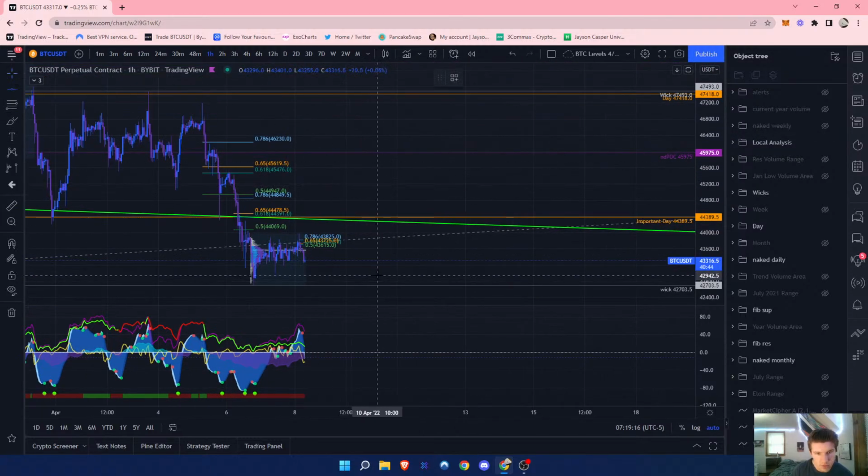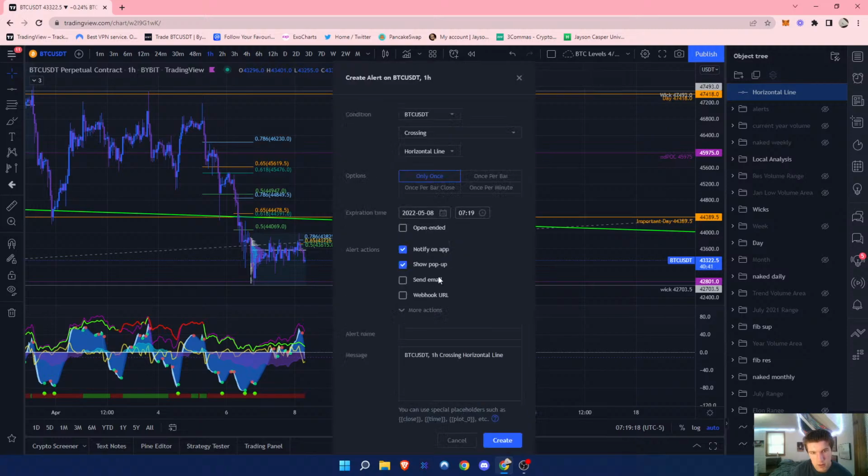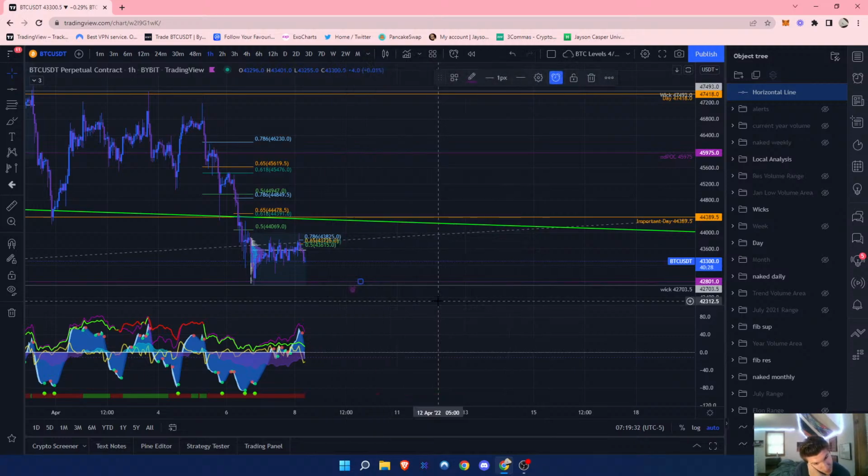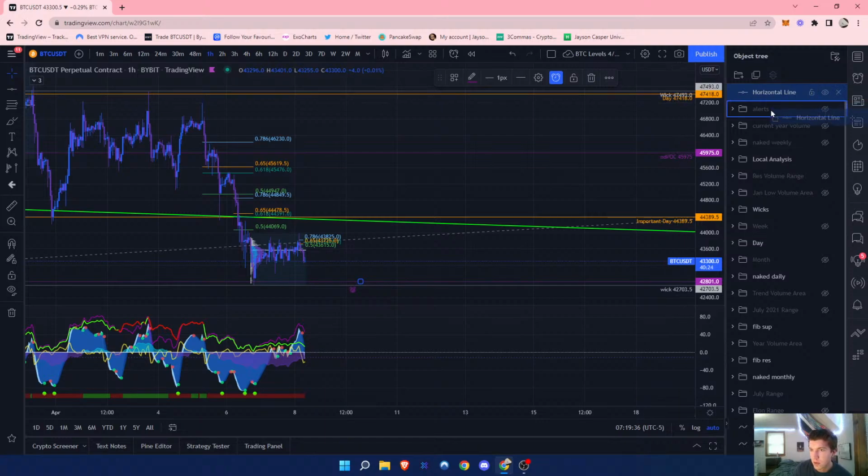And then, of course, for this wick, we can look for a swing failure pattern. 1 minute. Usually with wicks, I just make an alert and say look for long on 1 minute, whatever.